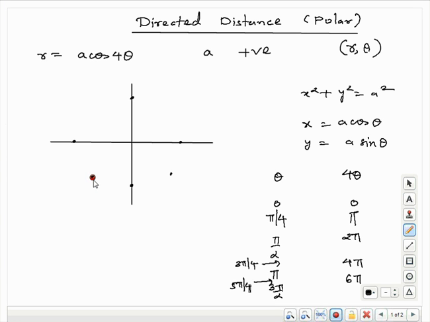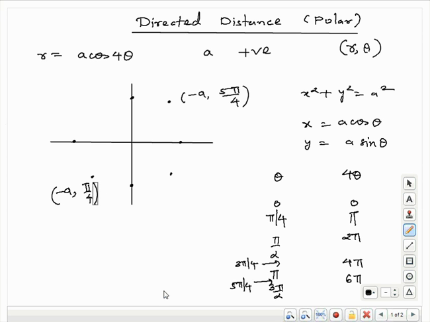If r is minus a, one has to take it on the opposite side, 180 degree. So that point would be here. That point is r minus a, theta 5 pi by 4. And this point is minus a, pi by 4. Okay.